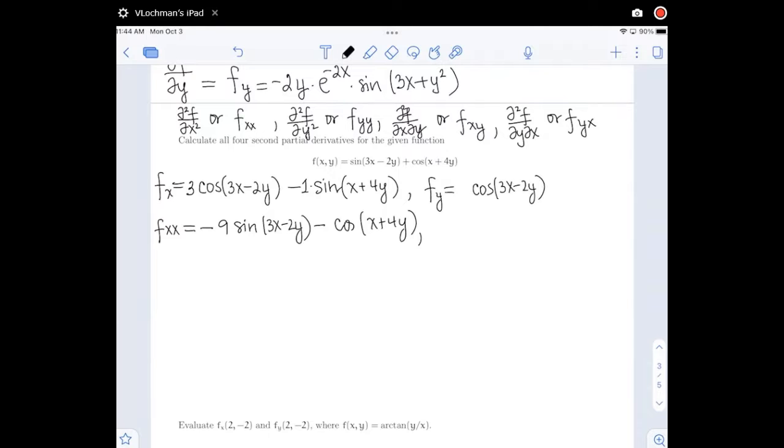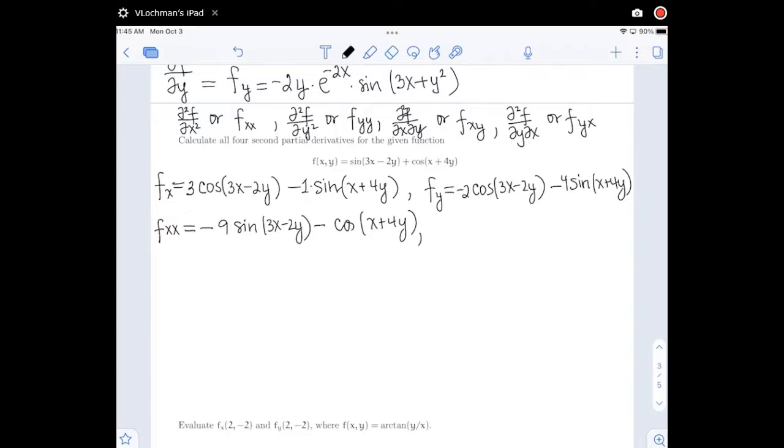The derivative of the inside with respect to y is negative 2. Now what happens here? Derivative of cosine is negative sine, right? So I'm going to put a negative here. X plus 4y. And then the inside gives us 4.